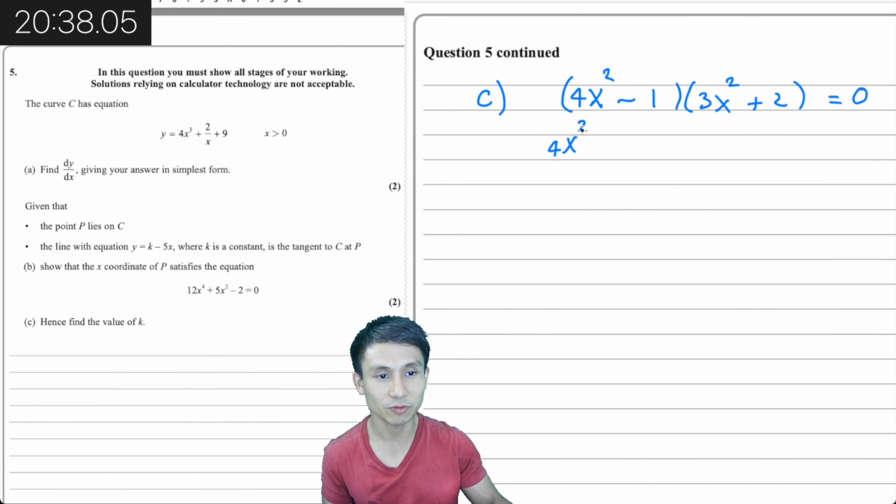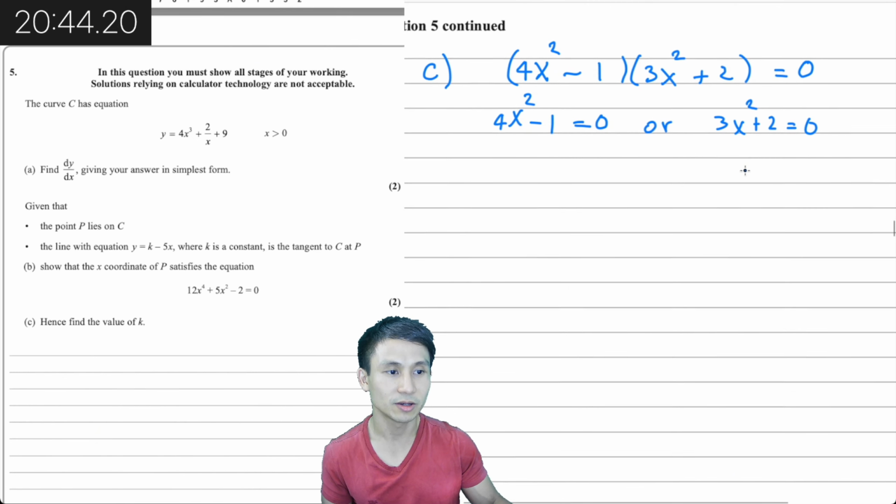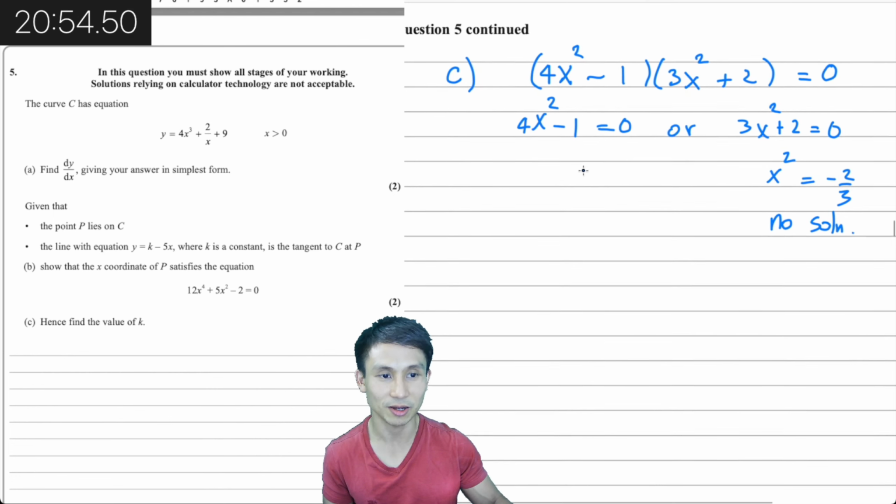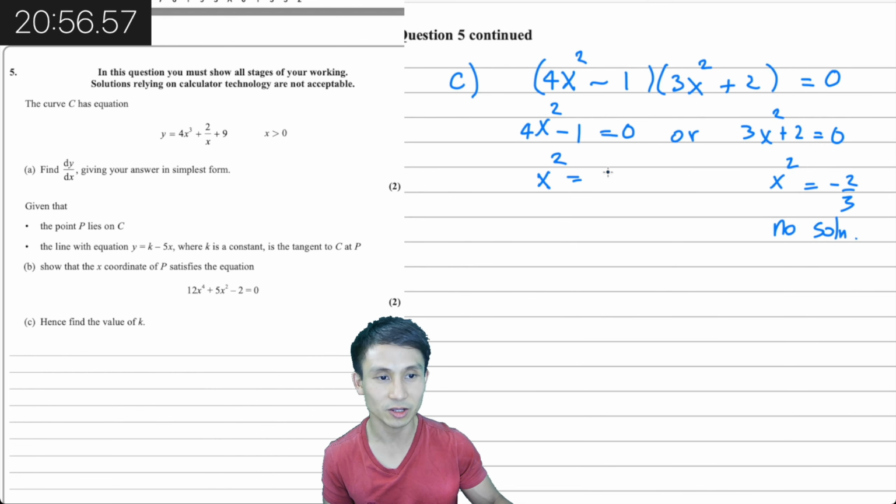So I get 4x squared minus 1 equals 0, or 3x squared plus 2 equals 0. So this would be x squared equals minus 2 over 3. We know that is impossible, so no solution. So I ignore that part. I'm going to solve for this: x squared equals 1/4, that means x equals plus or minus 1 over 2.